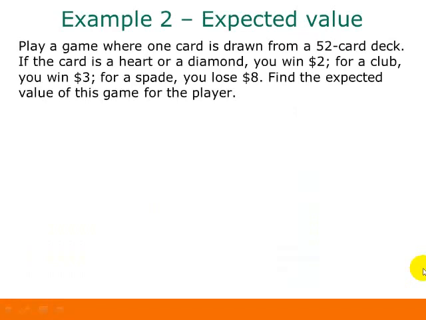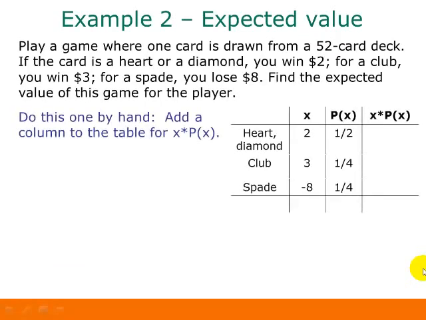Let's look at another example for expected value. This is from our same card game, and we have our probability distribution already, so we can find our expected value, and this is an easy one to find by hand because we just have a few values of x.